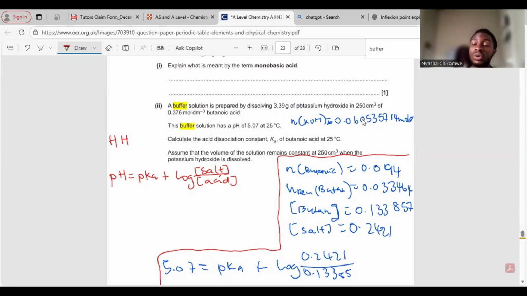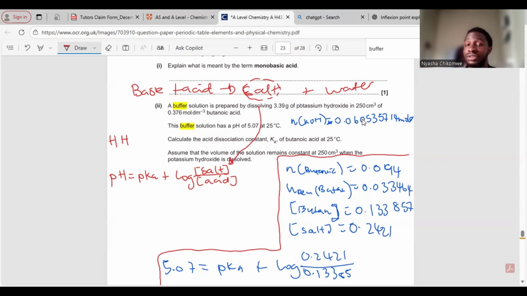Neutralization. So we expect that the neutralization reaction takes place first. And the neutralization reaction, when a base reacts with an acid, will produce a salt and water. Now, this salt which is being produced is the salt that we need in this equation.